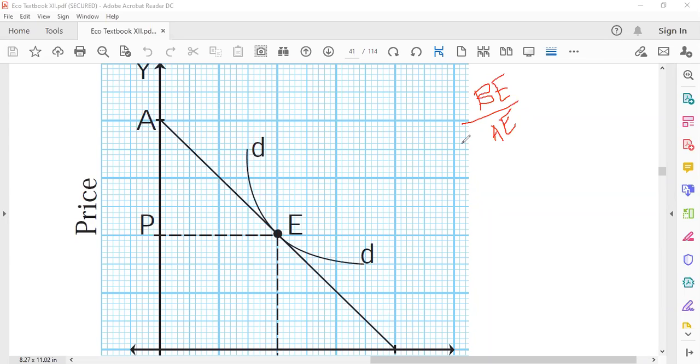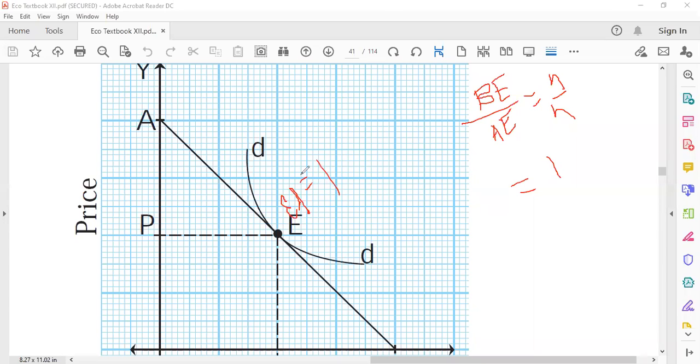Here we can see that AE is equal to BE. Say if both are 4, then 4 divided by 4 will be equal to 1. So what will be the elasticity of demand here? It will be equal to 1.